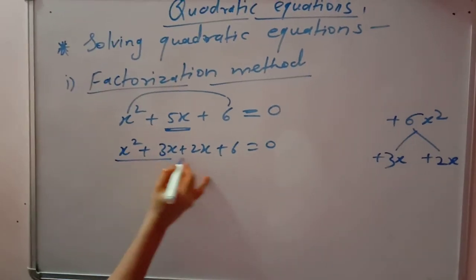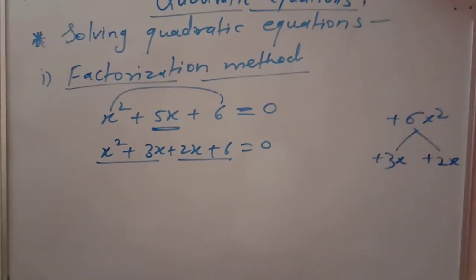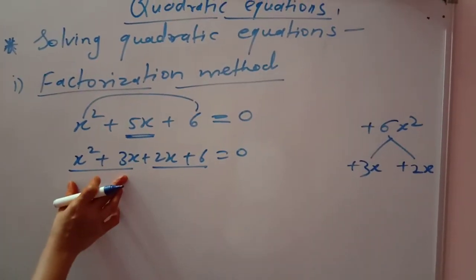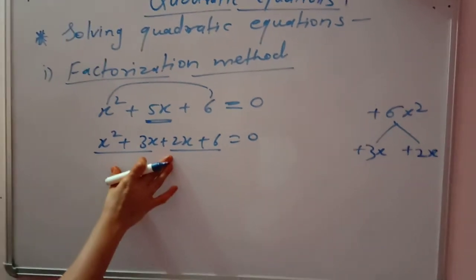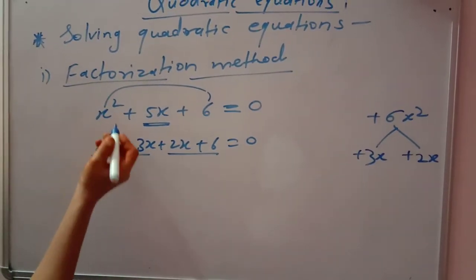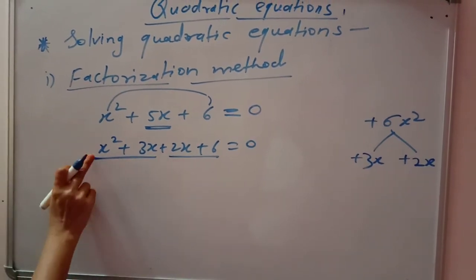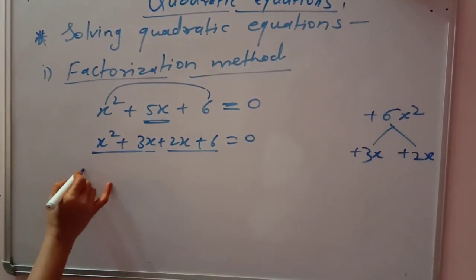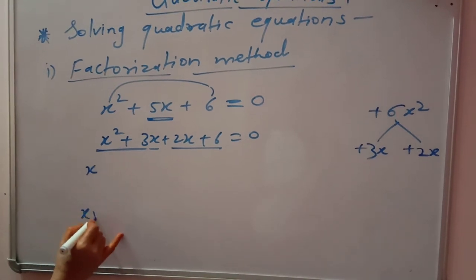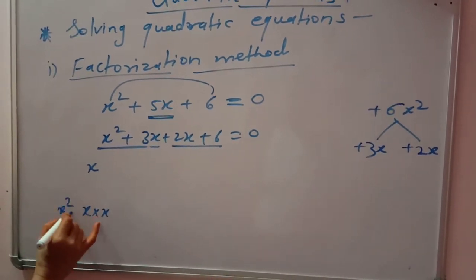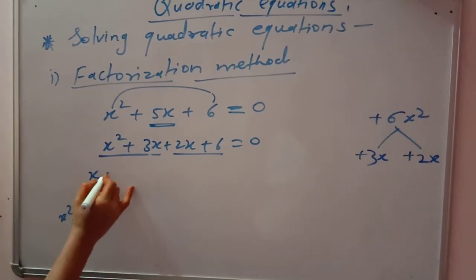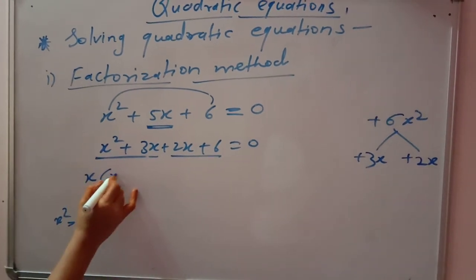Now take something common to factorize it. This is also making groups; this is also one method of factorization. So take something common if it is there. Here in x square and 3x, x is common. X multiplied by x square. If I have taken x common, what will remain in the bracket?